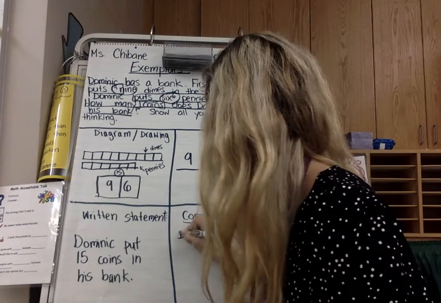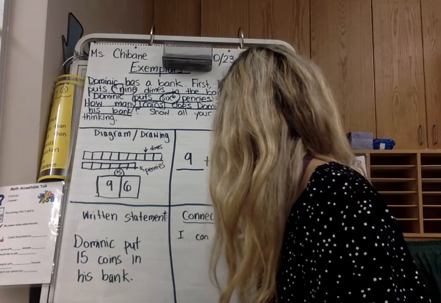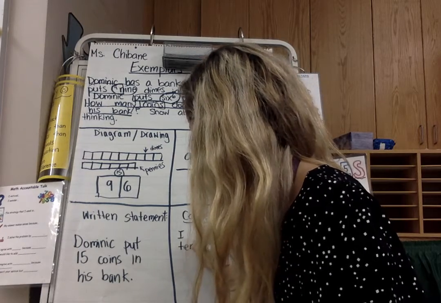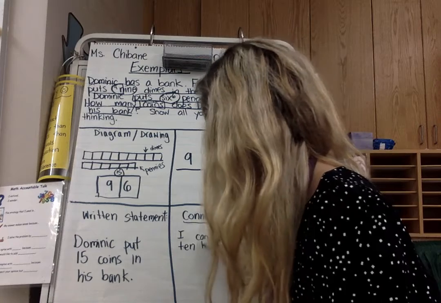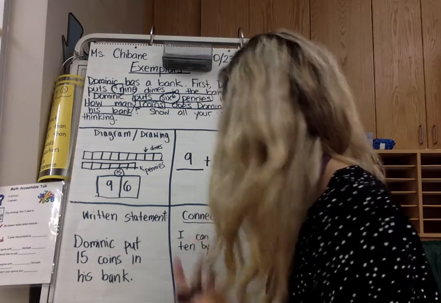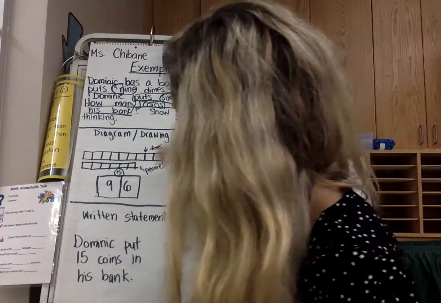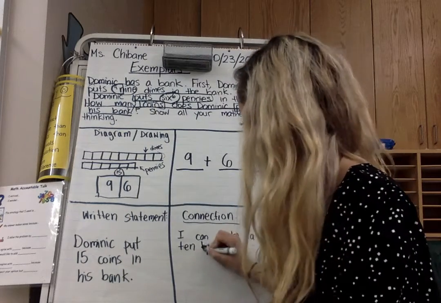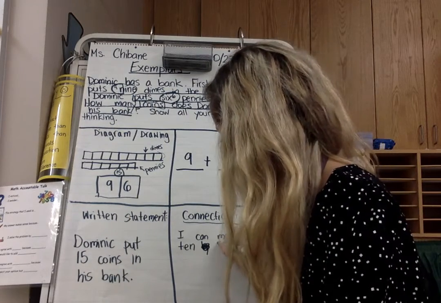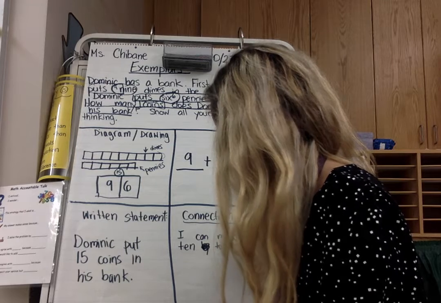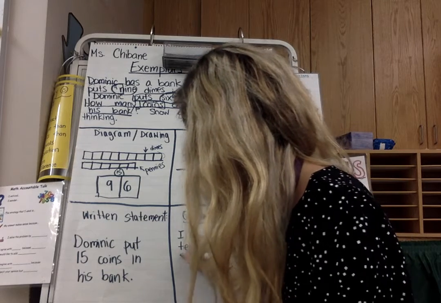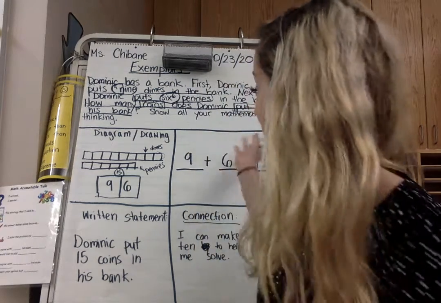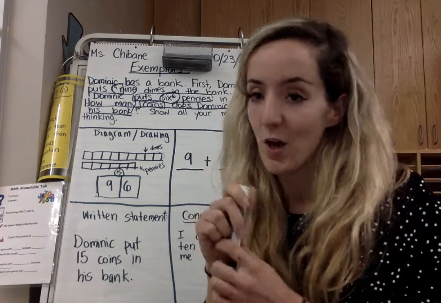So I can make a 10 by borrowing from my one part. I can make a 10 to help me solve.